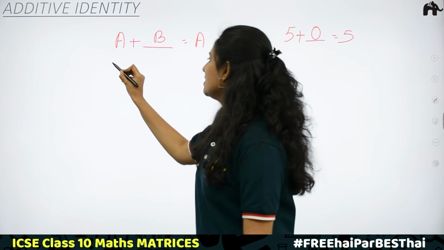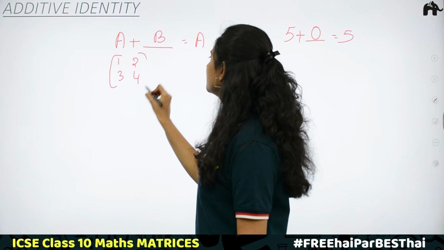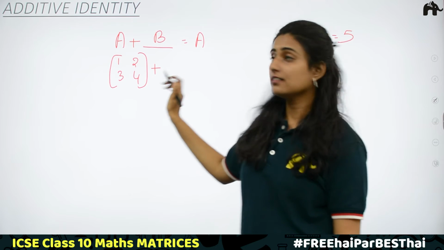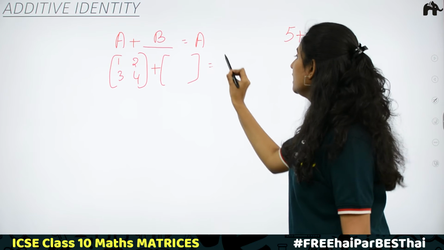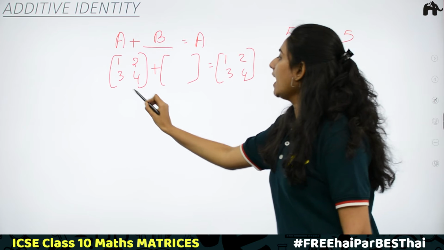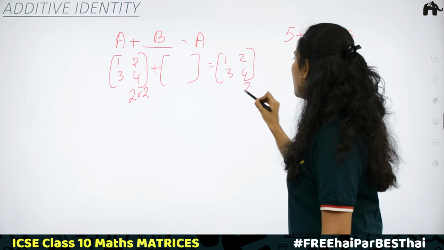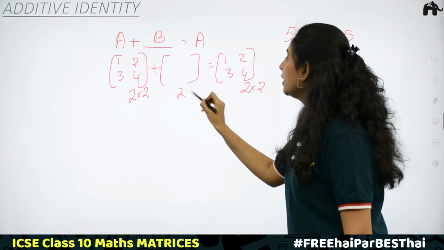If I am taking the matrix A as 1, 2, 3, 4, adding some other matrix B to this should give me 1, 2, 3, 4. So here we have a 2 by 2 matrix and here we have a 2 by 2 matrix. Therefore, the matrix that is added should also be a 2 by 2 matrix.